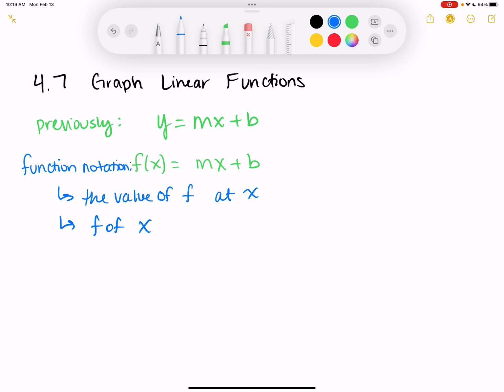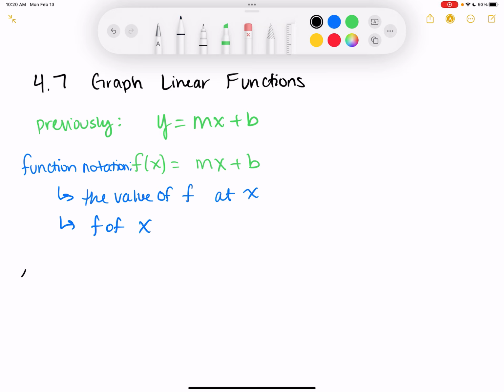And f of x is just another name for y. So like I said, for all practical purposes, we've already done this section before. It's just being called something a little bit different now to prepare you for what's coming in the future.